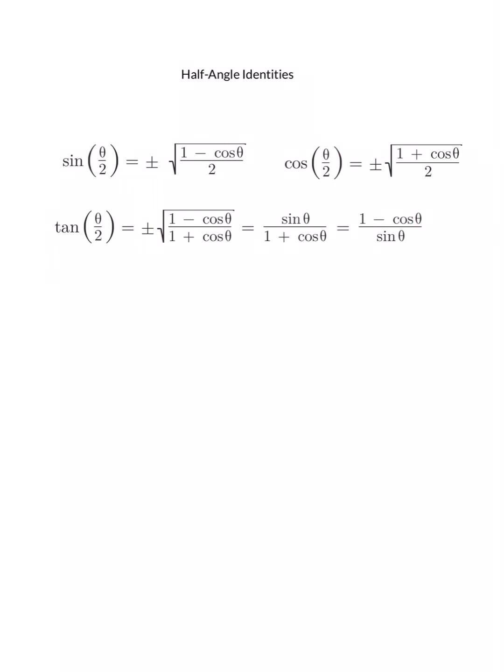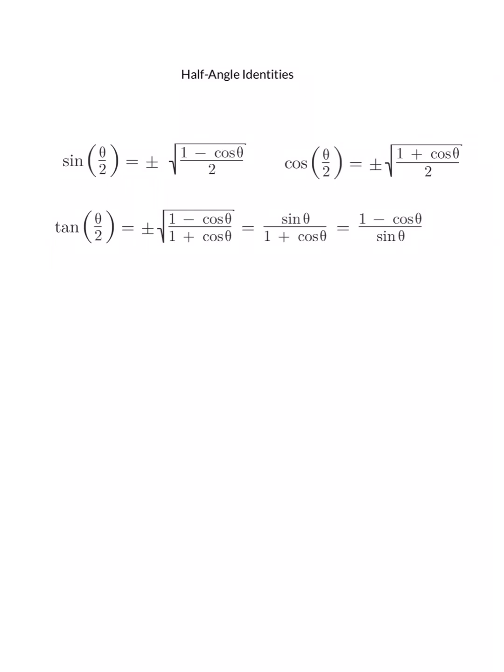Half angle identities are used when the angle measure that you are given is not on the unit circle, but it is half the measure of an angle that is on the unit circle. For the sine of theta over 2, the formula is plus or minus the square root of 1 minus cosine theta over 2.